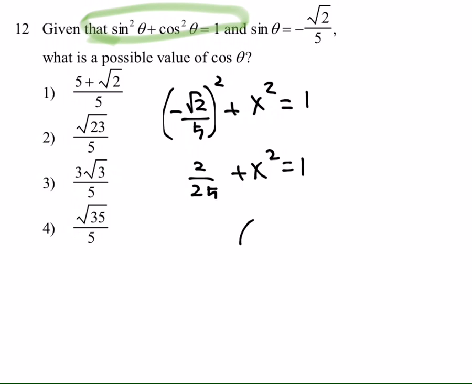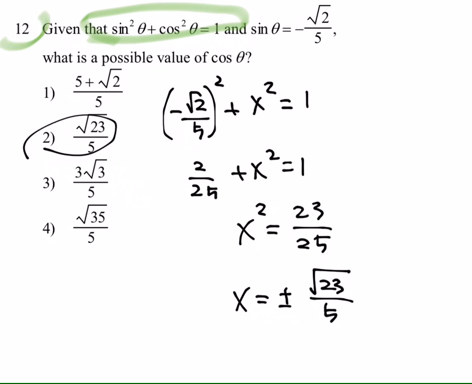When you subtract 2 over 25 from both sides, x squared is equal to what? 23 over 25. Then we know that x must be equal to plus or minus radical 23 over 5. What's possible is either positive or negative in this case. So choice 2 would have been our answer.